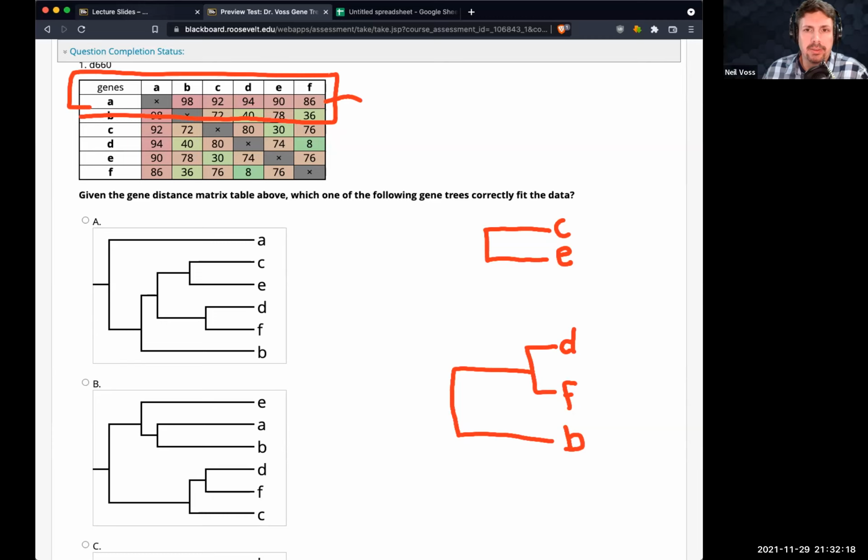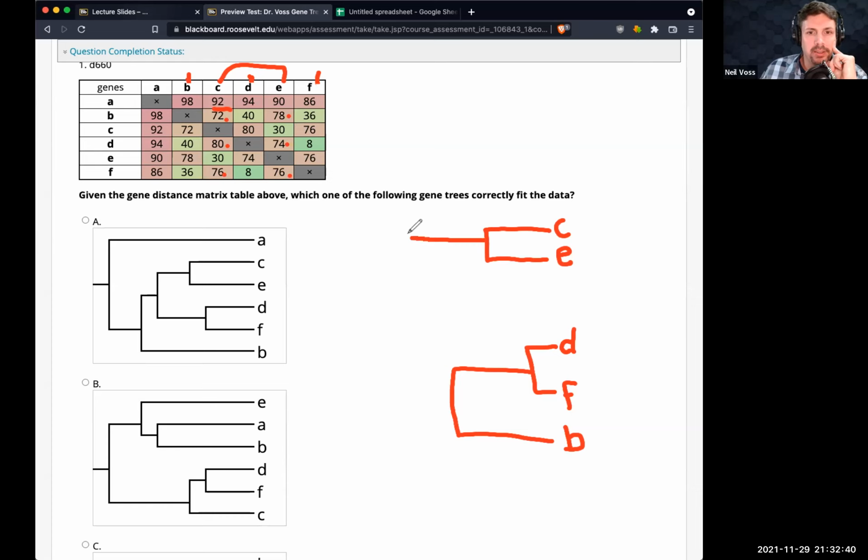Another way to look at this: I have D, F, and B all together, and then I have C and E together. Ignoring A, it looks like these numbers, B, D, F, are about 80, 75, 80.